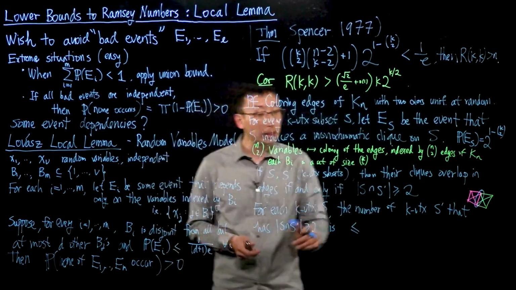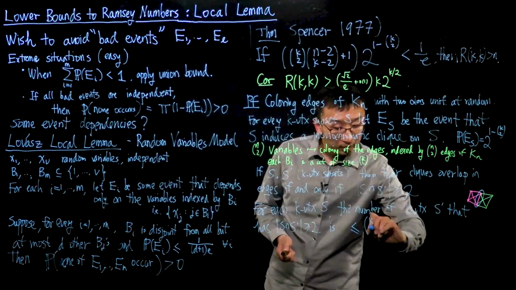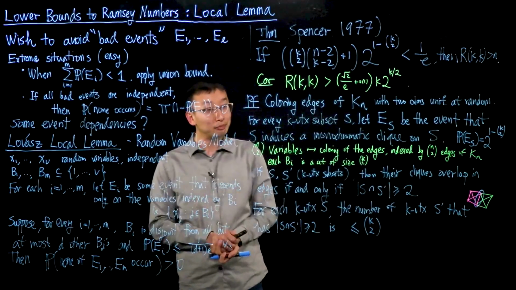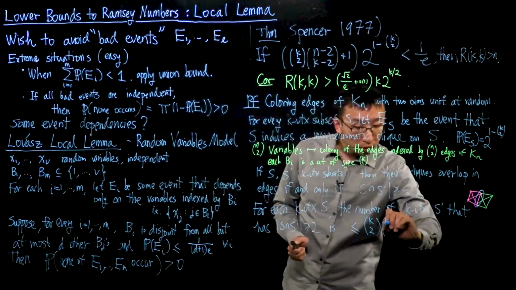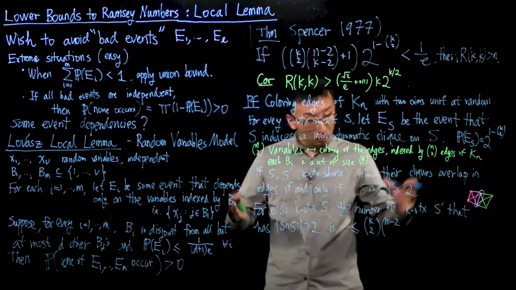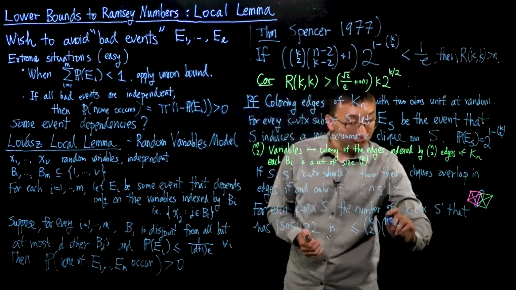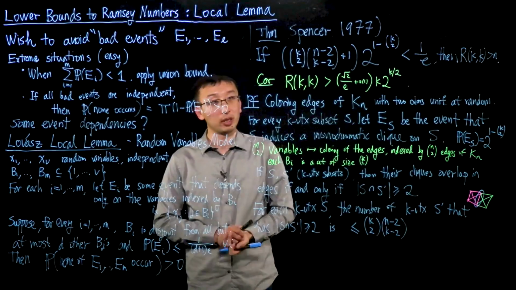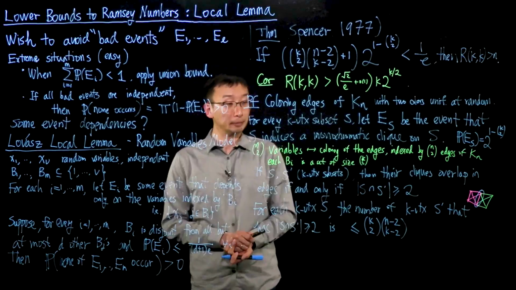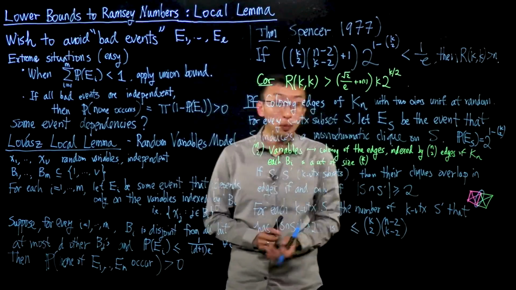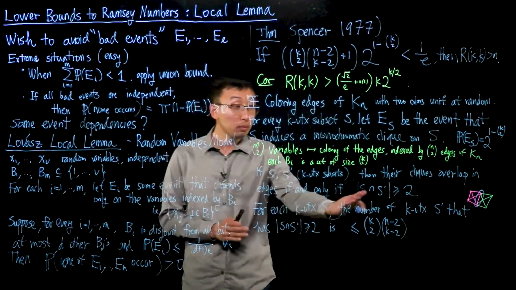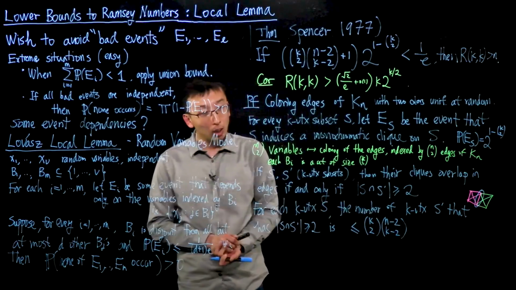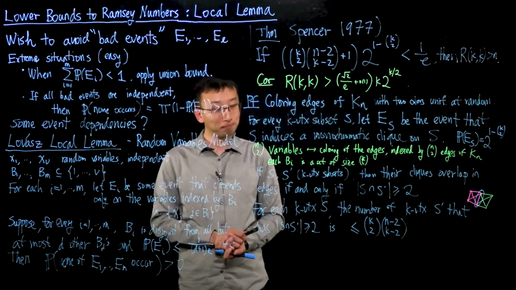Well, I need to pick a pair of vertices of S where there's this overlap, and then select the remaining vertices of S prime from the remaining n minus 2 vertices of the entire clique. There is some possible overcount here, because some S primes may be counted in more than one way through this formula, but it is certainly an upper bound.